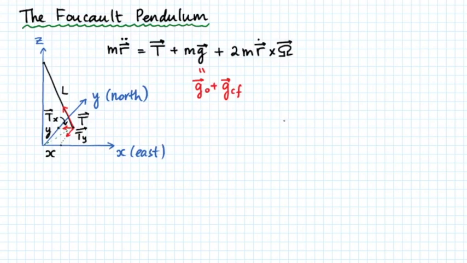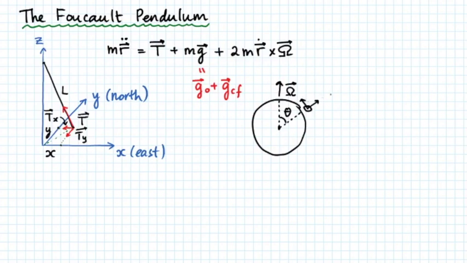We need to write the angular velocity omega in terms of our coordinate system. If the point at which the pendulum is located is given by the polar angle theta, and the Earth rotation defines theta equals 0 angle, our coordinate system will be x pointing to the east, z pointing upwards, and y pointing to the north.